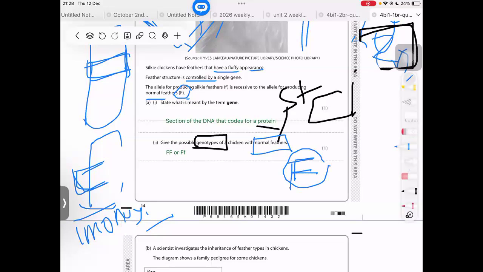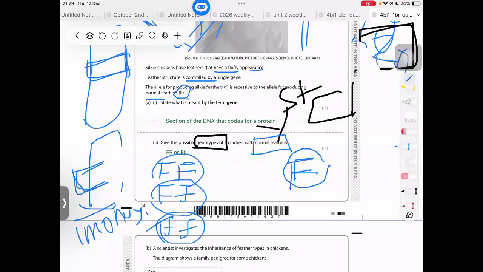So capital F is for the normal feather. A genotype is composed of 2 alleles, like this: capital F capital F, capital F small f, small f small f. These are the possible genotypes of the chickens for the feather structure.